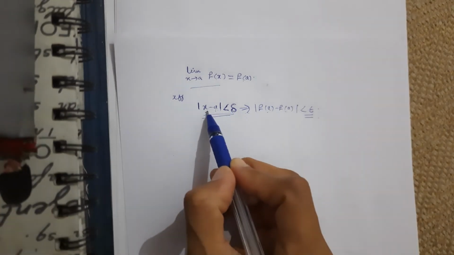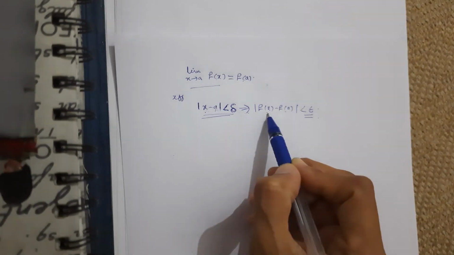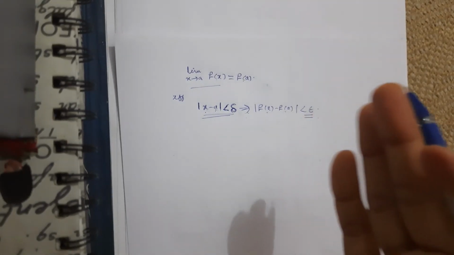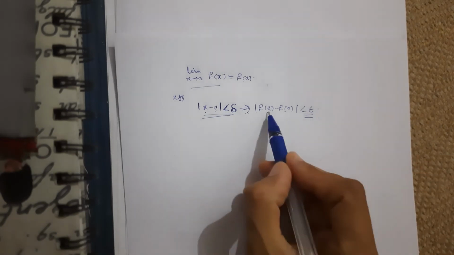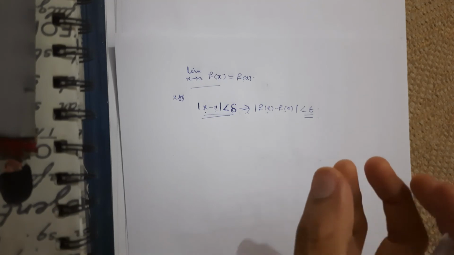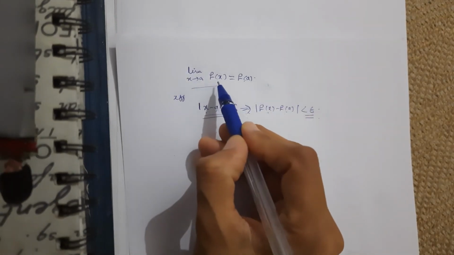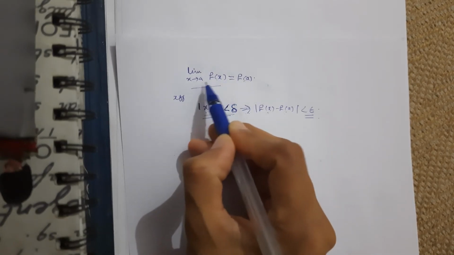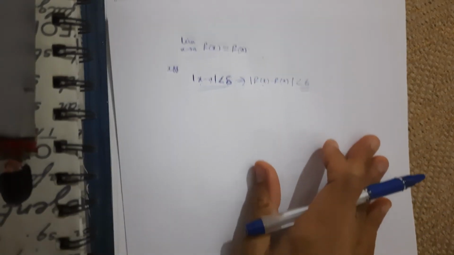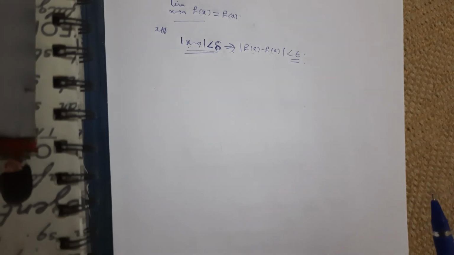It's not happening that the distance between x and a is becoming less and less, and the distance between f of x and f of a becoming greater and greater. They are not going away from each other. They are coming toward each other. So if this condition is satisfied, we say f of a is the limiting value of f of x. I hope you understand this definition and concept. So the limiting value is a very important one, and we only have the concept of limit.